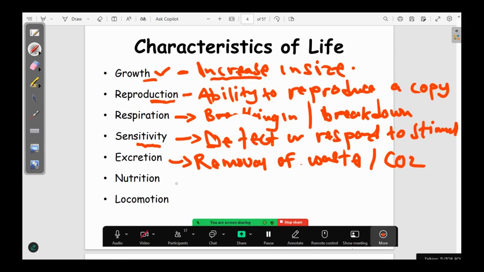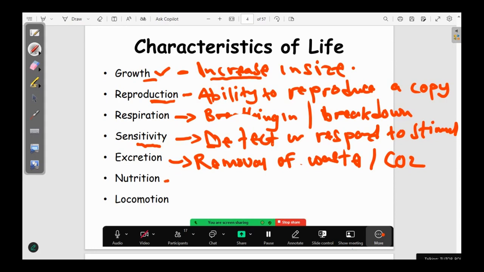Another example is when it's hot, you can cool your body by excretion in the form of sweat. You'll be sweating and you have water leaving your body. So excretion is a very important characteristic of life.